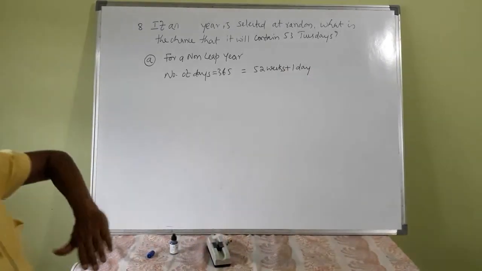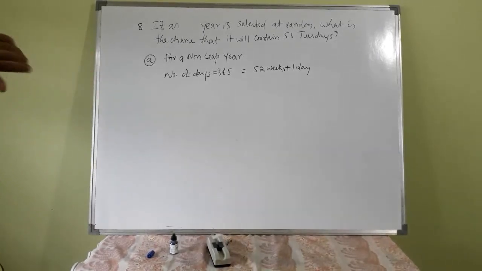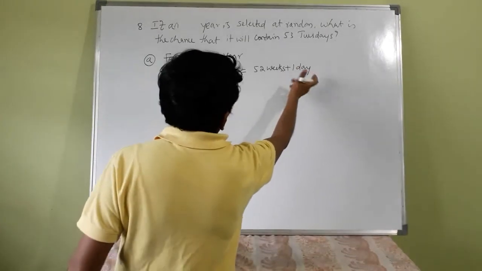That means 52 Sundays, 52 Mondays, 52 Tuesdays, and so on, plus 1 day.